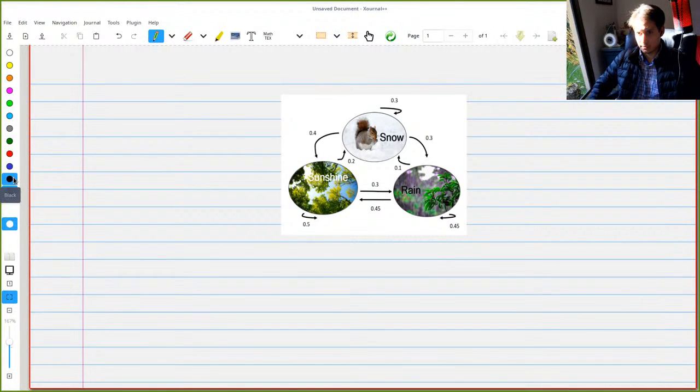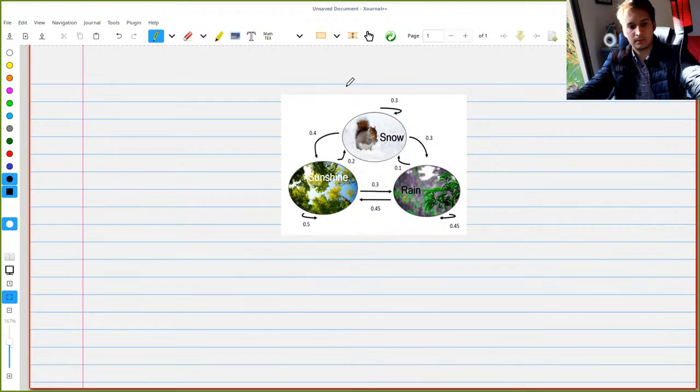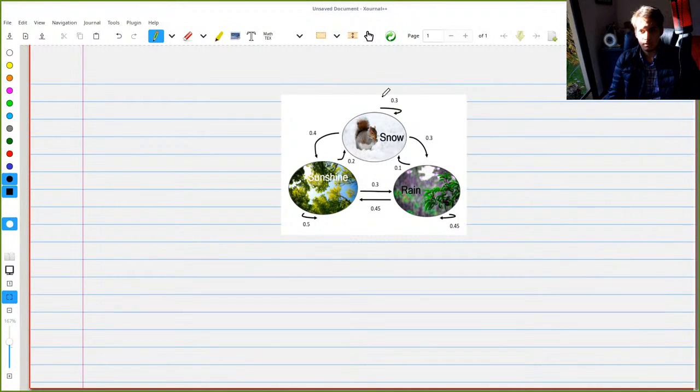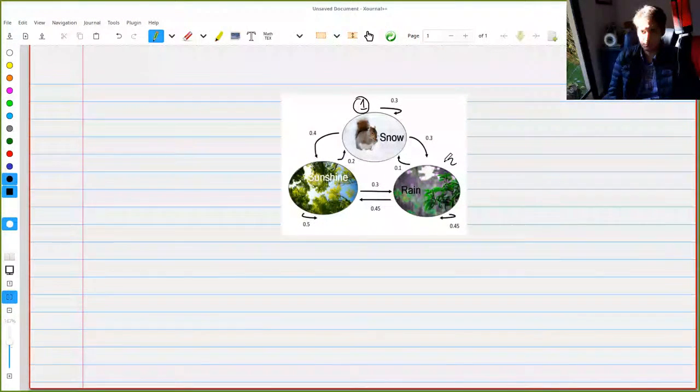And now we start. First, I already defined the numbering of the states. This is the state 1. This is the state 2. This is the state 3.